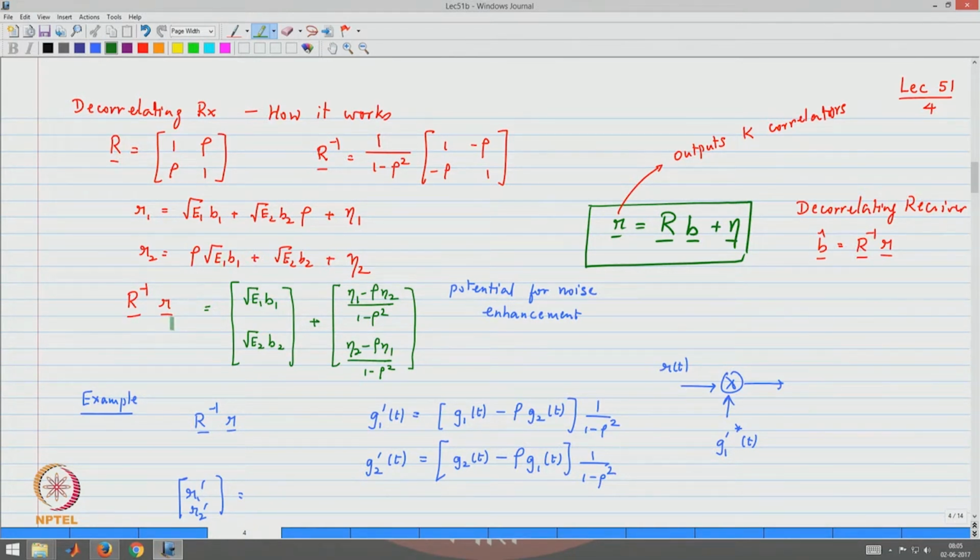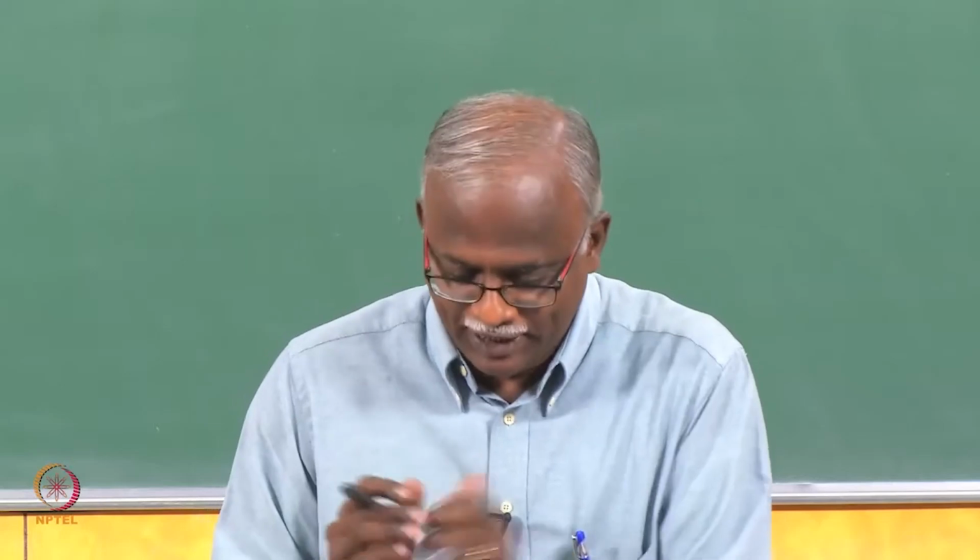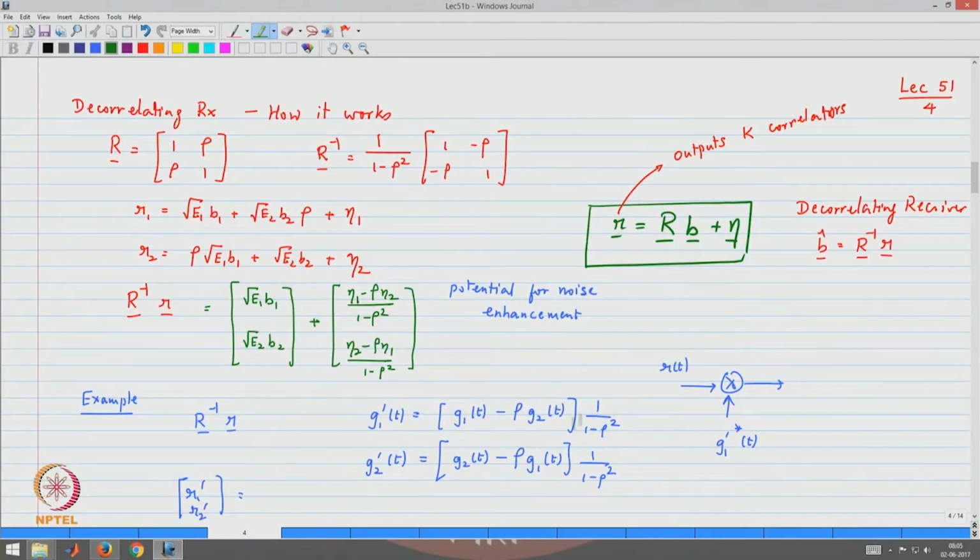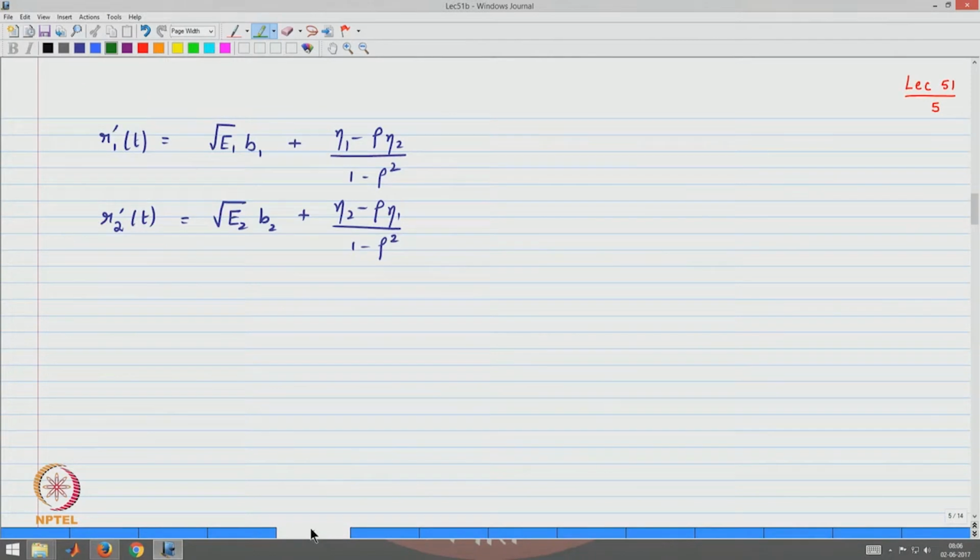So in other words, the multiplication by the inverse of the correlation matrix, the correlation of the spreading waveforms, can be equivalently represented as a modified despreading sequence which takes into account the correlation between the spreading users. Again, this is an interesting interpretation that helps us understand how a decorrelating receiver works.